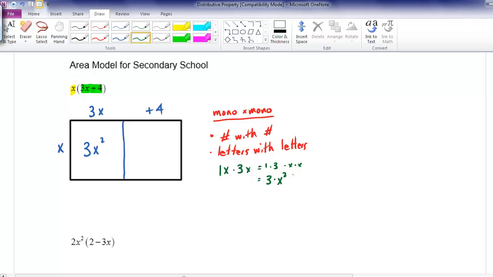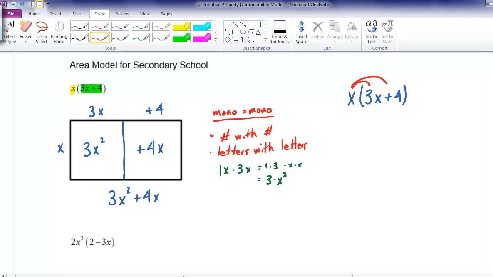So again, when you're multiplying monomials, follow these simple rules. Numbers with numbers, letters with letters. And x times 4 is 4x. So therefore, our answer to this, given that we do not have like terms, is 3x squared plus 4x. So probably somewhere in your other classes, you've done the distributive property like this.